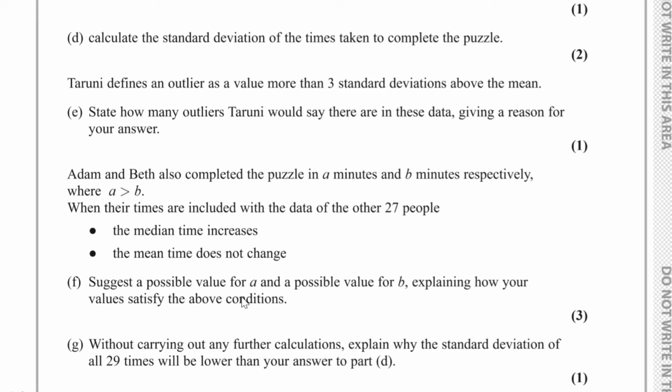We have to suggest a possible value for A and a possible value for B, explaining how your values satisfy the above conditions.